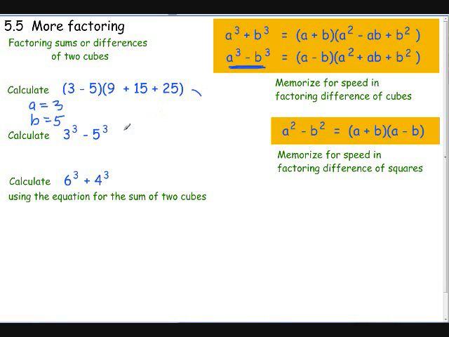So which is the fastest way to get to this? Well, this looks like a pretty fast way to figure out what 3 cubed minus 5 cubed is, because this would be my first parentheses. That's right, negative 2. And this, my second parentheses, if I add 15 and 25, I get 40 plus 9.